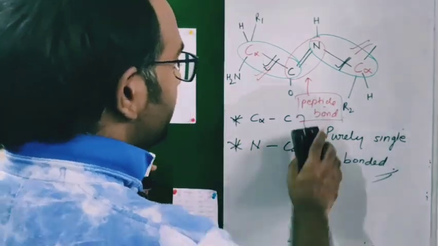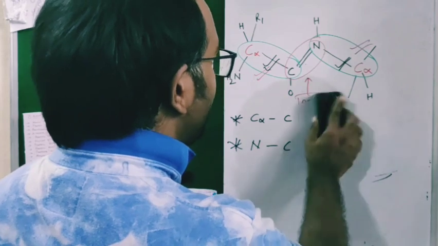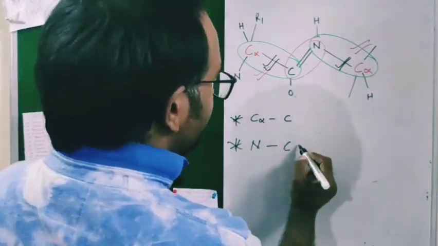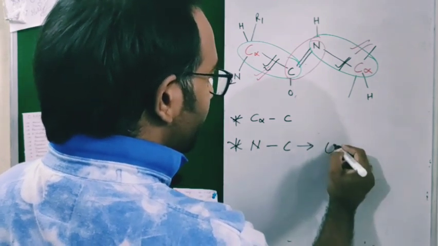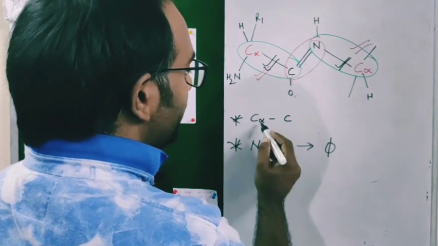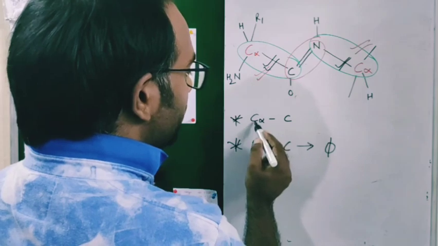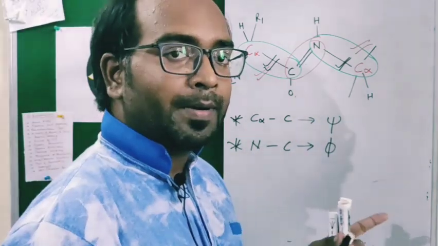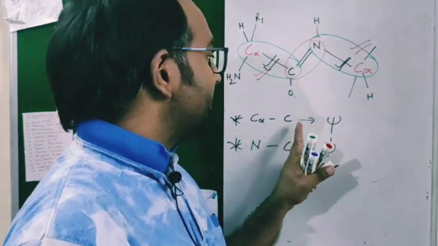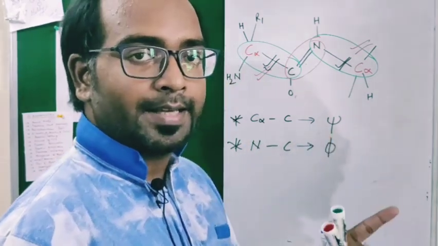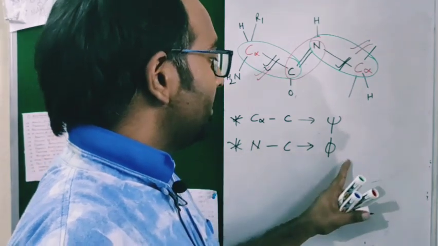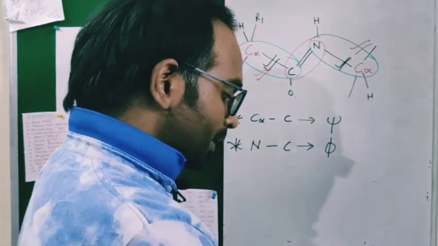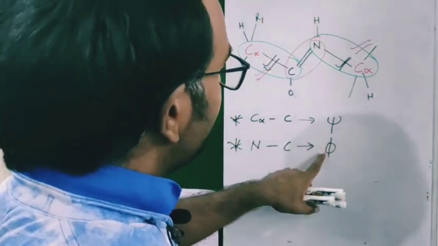The angle of rotation about the N C alpha is phi, and the angle of rotation around C alpha C is psi. So I used to remember this like C psi, C psi, and N C phi. This is the easiest way to remember. You can remember it like this also. So these are the torsion angles.